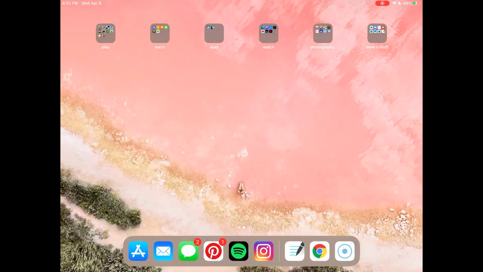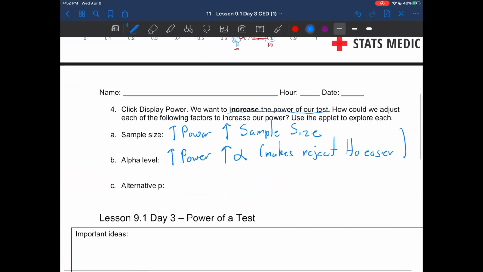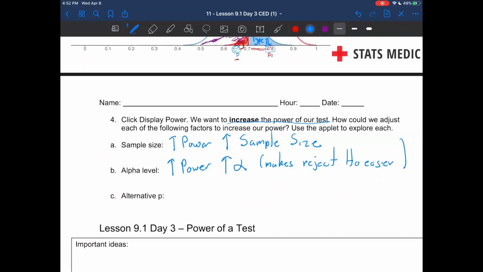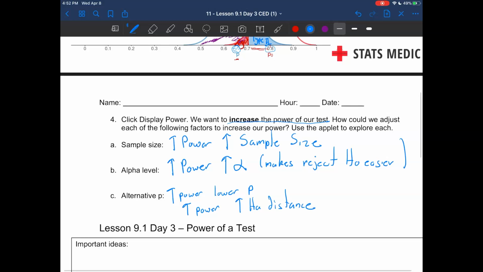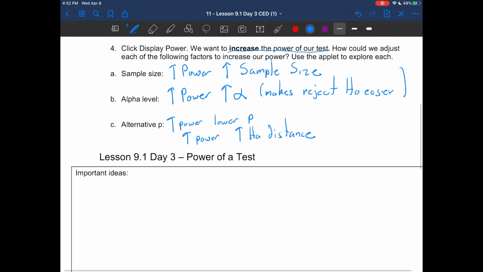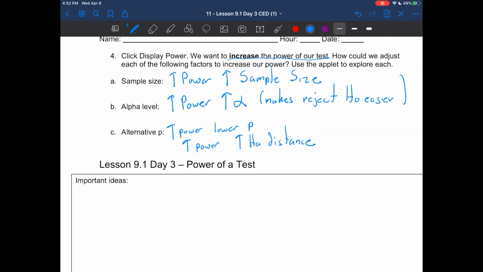Okay, so how we're going to write that is, for the alternative p-value, to increase power we're going to lower our p, but ultimately we're going to think of it like this. To increase our power, we want to increase the distance of the alternative hypothesis from our null hypothesis.